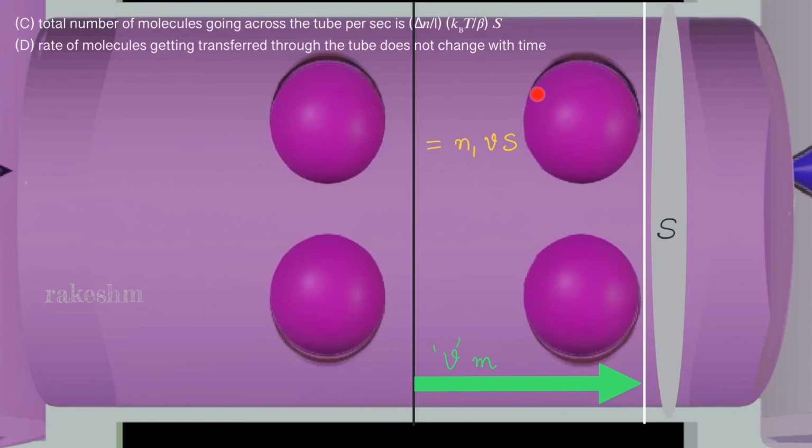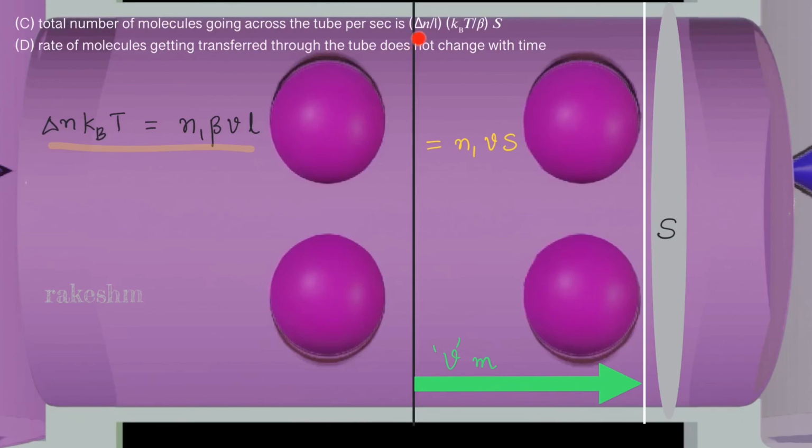The number of molecules in this region is concentration N1 times the volume of this region. The volume is length, which is V, into the cross-section area, which is S. So N1 into V into S is the total number of molecules in this region, and these are the number of molecules crossing the tube per second.